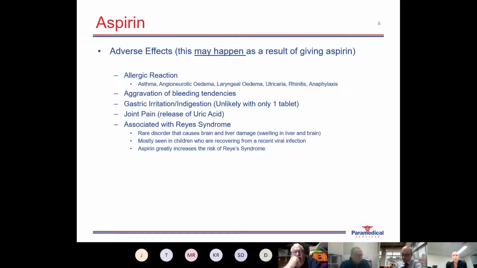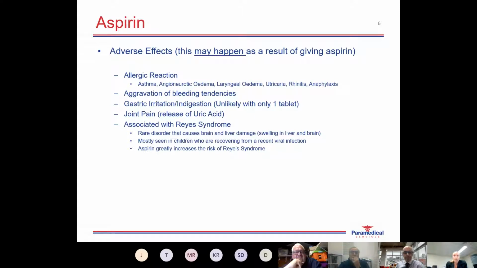So any type of allergy that the patient may have, we will get an allergic reaction if they're allergic to aspirin. So it's very important that we're asking them if they've ever had any allergic reaction or if they have any allergies to any type of non-steroidal anti-inflammatory drugs. Another adverse effect can be aggravation of bleeding tendencies.